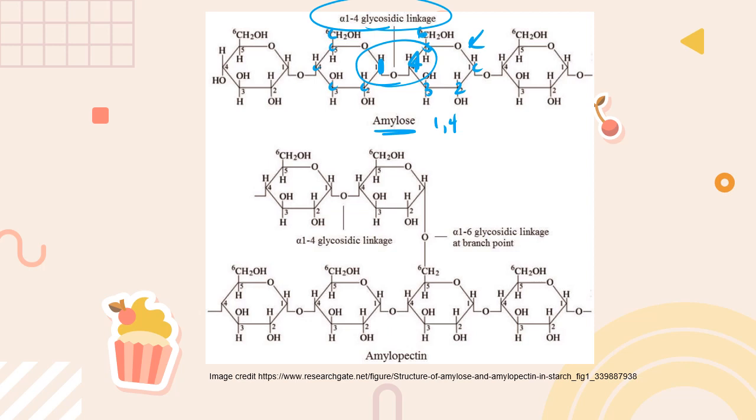That's a little bit different from our 1,6 glycosidic linkages, which is where our amylopectin and also our glycogen can form some branches. So again, I have carbon number 1, carbon number 2, 3, 4, 5, 6. This guy, carbon number 1, carbon number 4. Carbon number 1, carbon number 4.